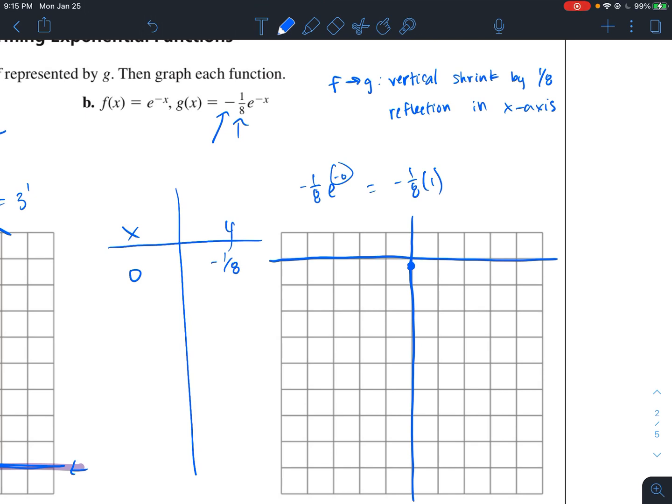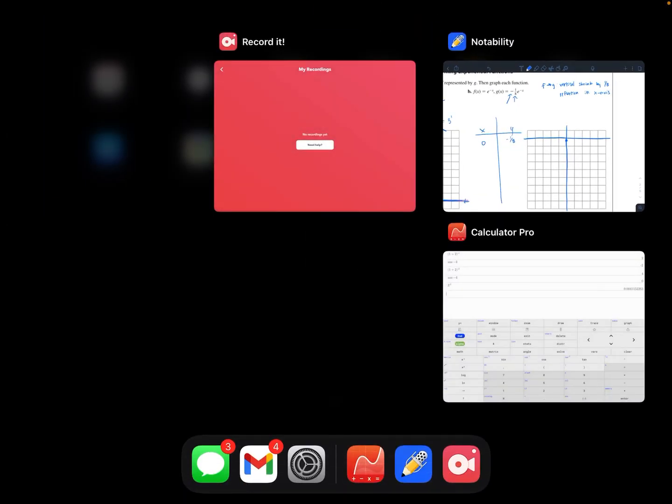So let's try plugging in something like negative 1 into the function. I know it's going to go this way. Now e is going to make things a little bit difficult because e is an irrational number. So let's just plug that into a calculator.